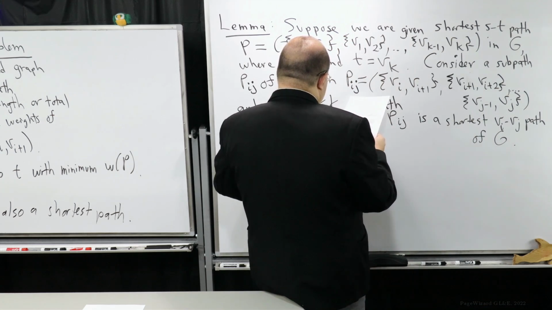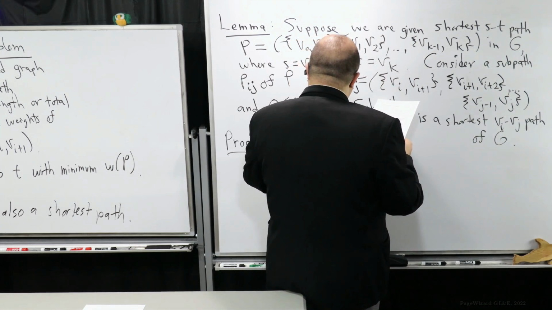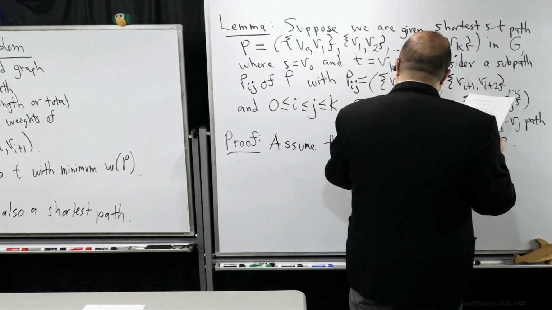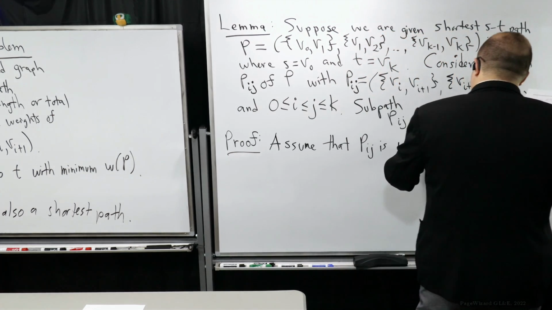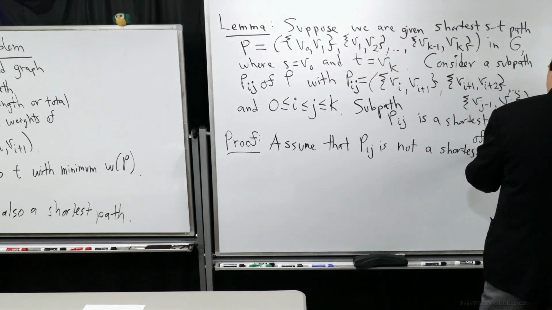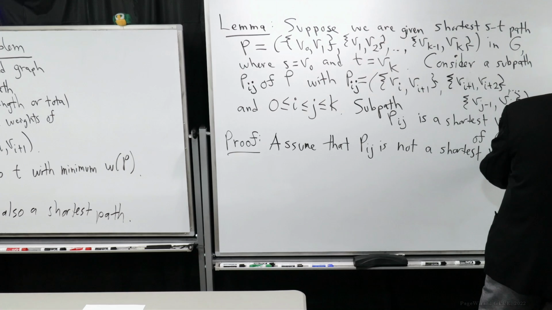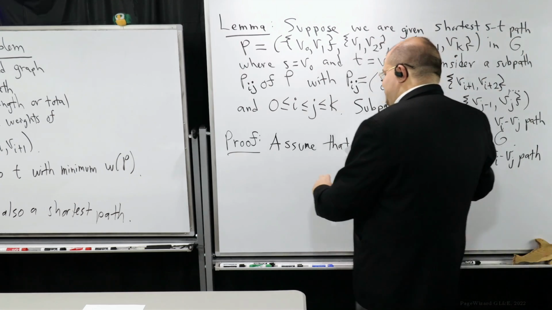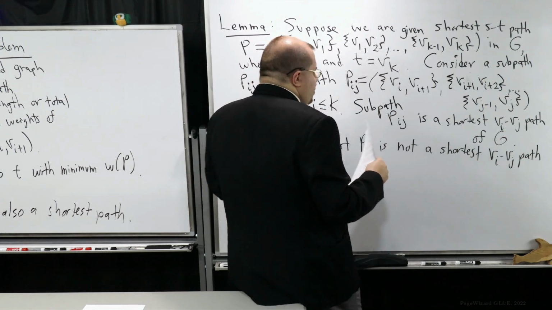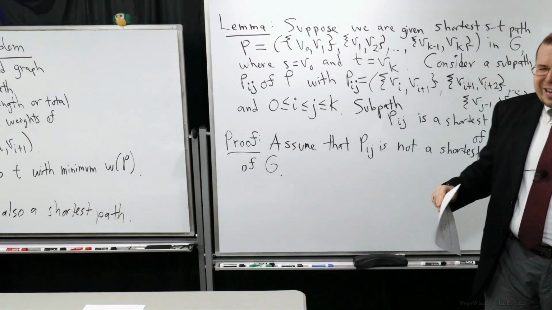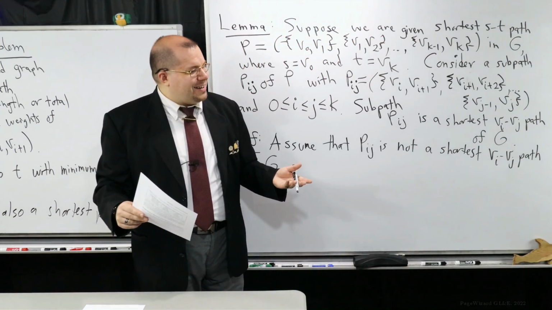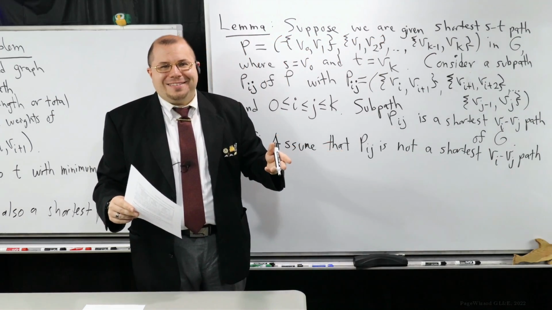So we're going to assume that Pij is not a shortest vi-vj path of G. That's a good place to start to set up a contradiction proof. But what does that mean? There has to be another vi-vj path, and it has to be shorter. That's what it means.